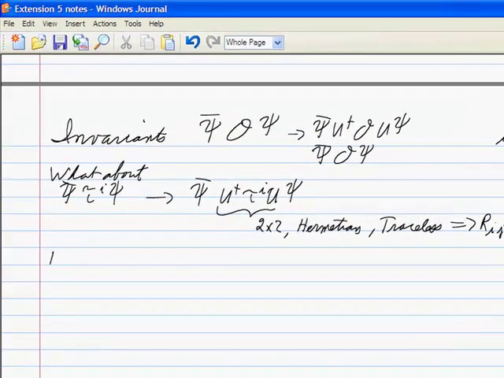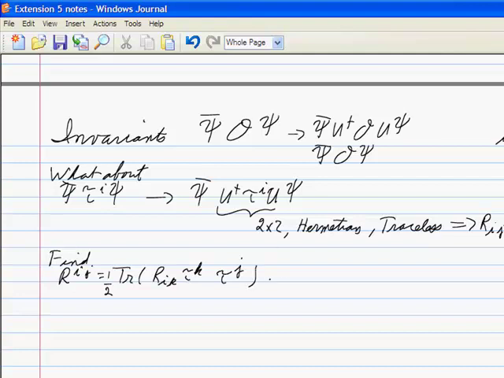We can find R ij in the following way. If I take the trace of R ik tau k with tau j, and I take a factor of a half, that's R ij. Uppers and lowers don't mean anything. Sorry, I just wrote some down lower, but it doesn't matter upper or lower.